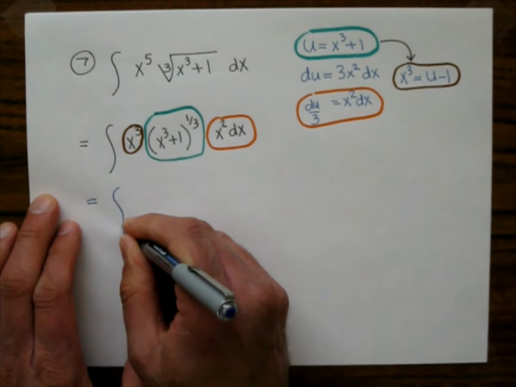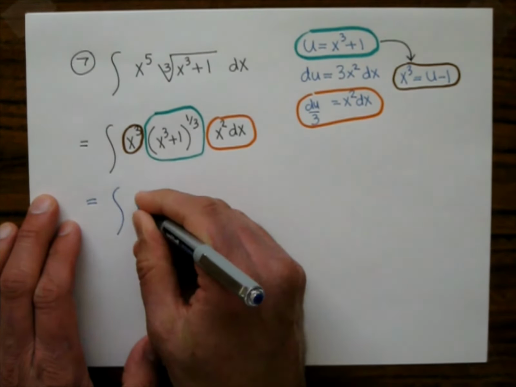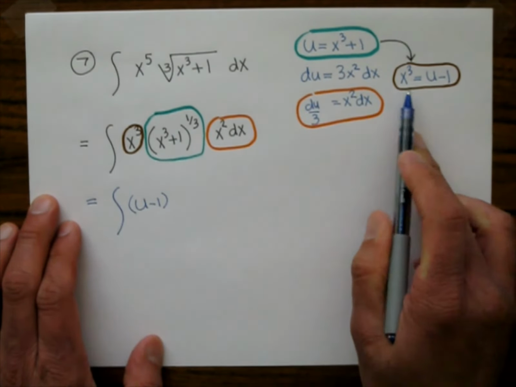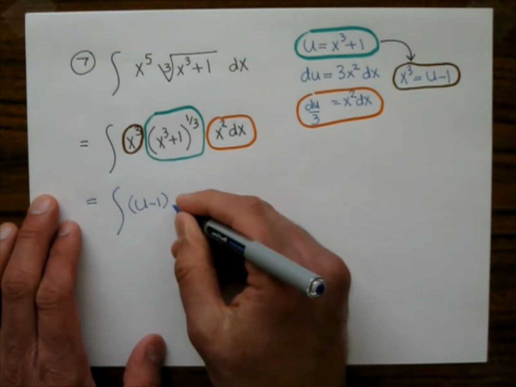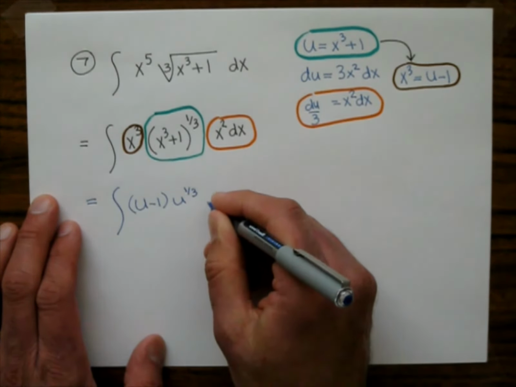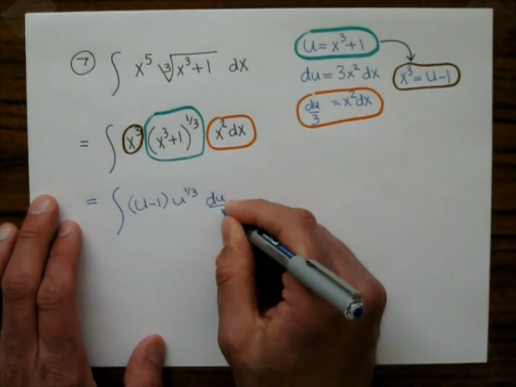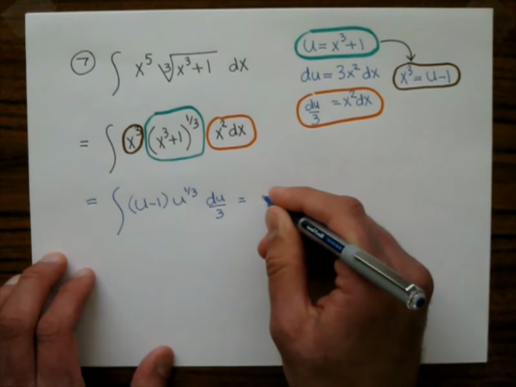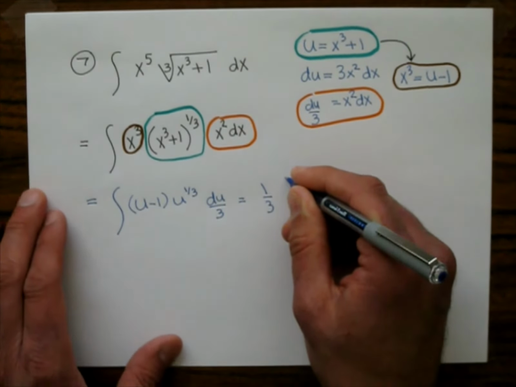So let's go ahead and say the integral of u minus 1. Then what do we have here for the green part? We have u to the 1/3, and the orange part is du over 3. So I'm going to bring the 1/3 out in front of the integral sign.